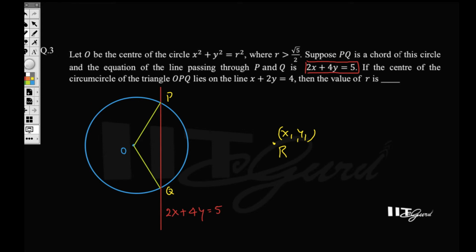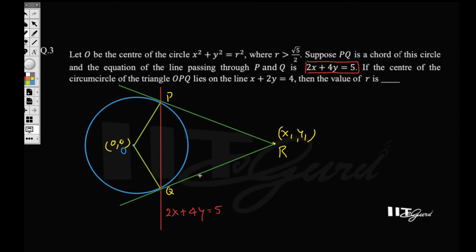So let's join this point first. Let's say this is R. Join R with P and R with Q. This is the pair of tangents. Here, as you know, this is (0, 0), the center of the circle.